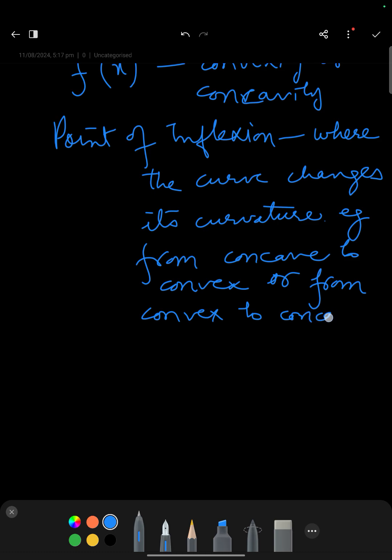In this situation, graphically we will have a curve like this.